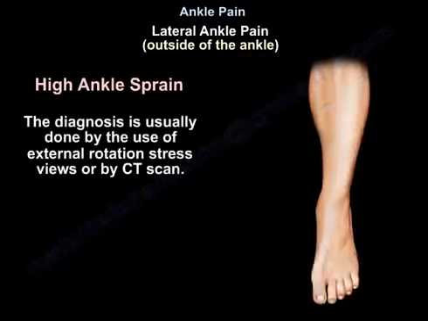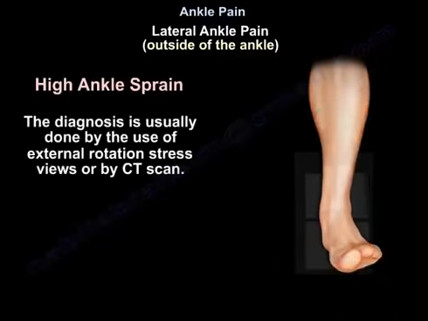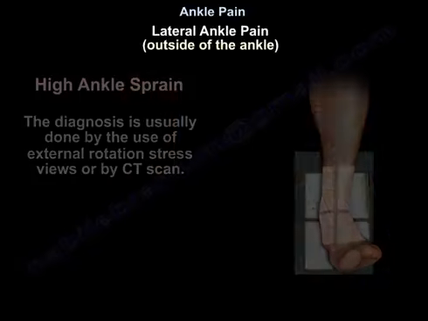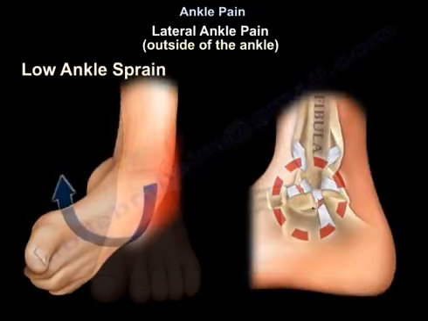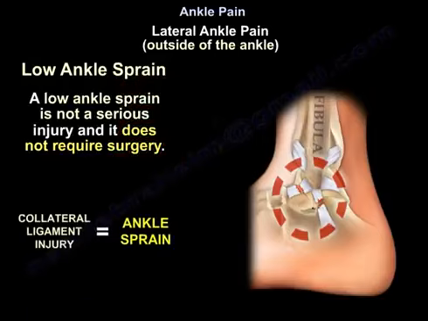The diagnosis is usually done by the use of external rotation stress view or by CT scan. A low ankle sprain is not a serious injury and it does not require surgery. Low ankle sprain is collateral ligament injury called ankle sprain.